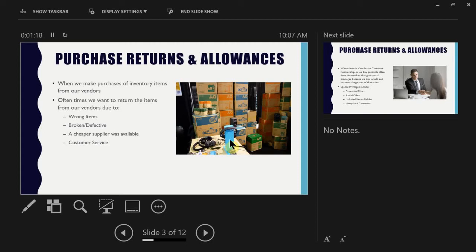For example, you keep calling this company because they keep making mistakes, and then they just give you the worst customer service. You can already put two and two together, and you just don't want to deal with this vendor in particular. So there's a lot of reasons why you would want to return or even get an allowance from any vendor. Okay. So again, we're talking about returns and allowances.